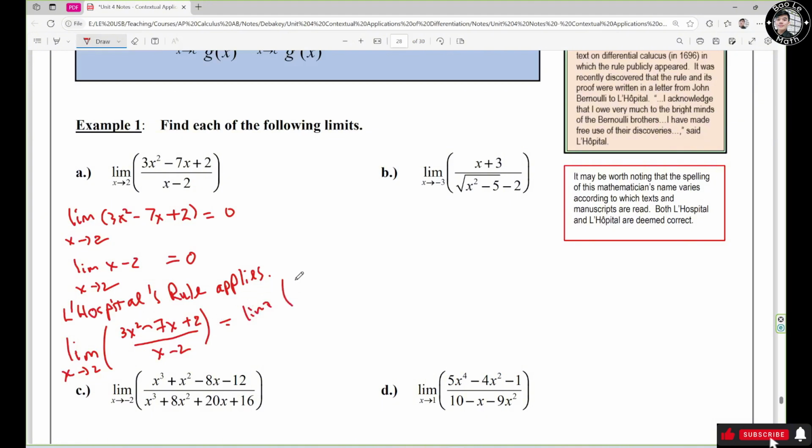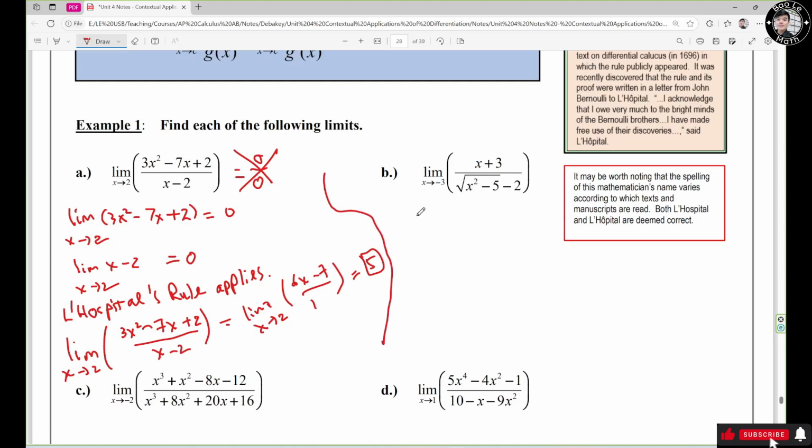It turns out to be 6s minus 7 over 1, right? When s approaches 2, it could be 12, minus 7 is going to be 5, right? Now remember, don't write 0 over 0 right here. This one is not the case, alright? So you need to write like this.